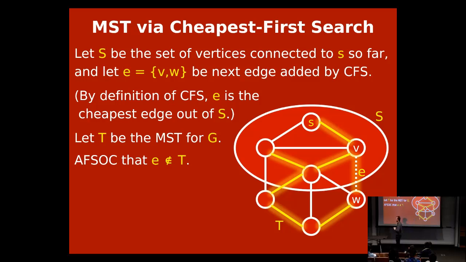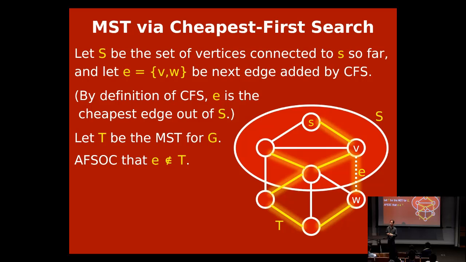Okay, so now we got to get a contradiction. And what will we probably be contradicting in the end? That it's not a minimum spanning tree. Yes. Somebody want to say what more specifically? I mean, what is a minimum spanning tree?